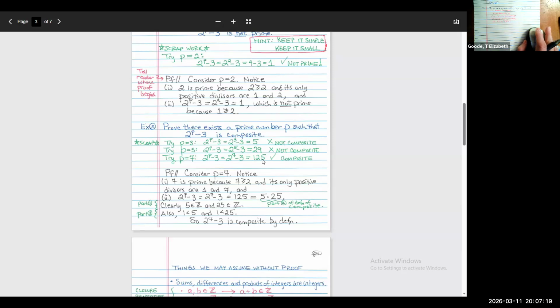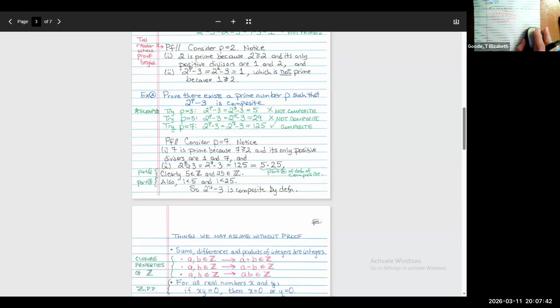So let's look at how we write it up. We found 7 to work. So proof, consider p equals 7. We have 2 steps. We have to verify that the number p that we picked is prime, and then we have to verify the property that 2 to the p minus 3 is composite.